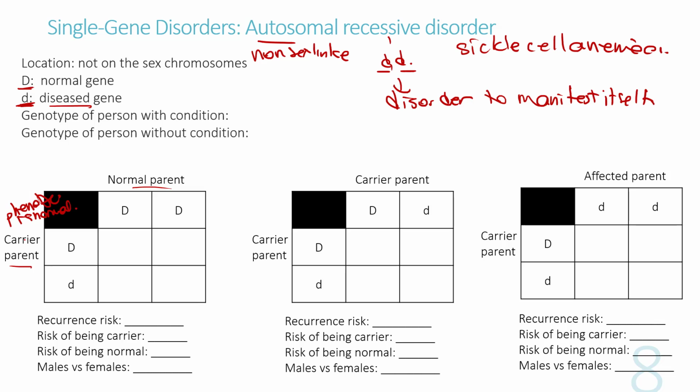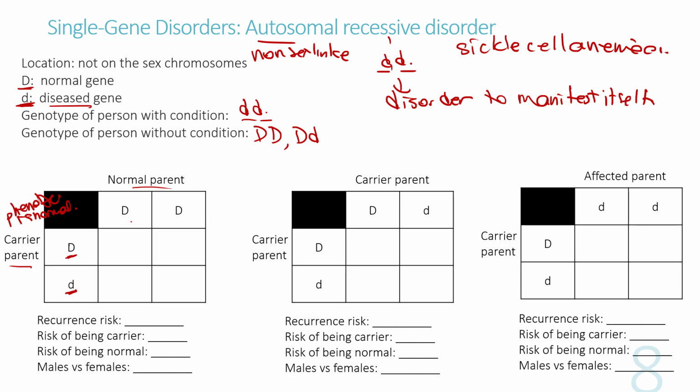A carrier parent does not have sickle cell anemia because a carrier parent would have 1 affected gene and 1 normal gene, which means that they don't have it. Okay, so the genotype of a person with a condition has to be 2 small d's. The genotype of a person without a condition can be either 2 big D's, or 1 big D and 1 little d. Okay, so let's go to it.